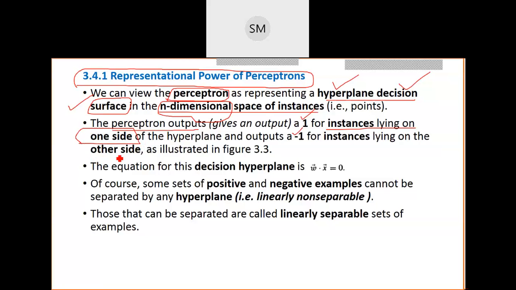So on one side of this hyperplane surface it gives us plus 1, and for the other side it gives us the output minus 1. So what does minus 1 indicate? Minus 1 is for the instances which are lying on the other side of our hyperplane surface.